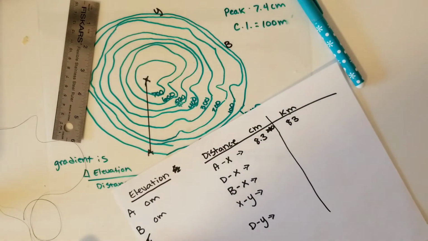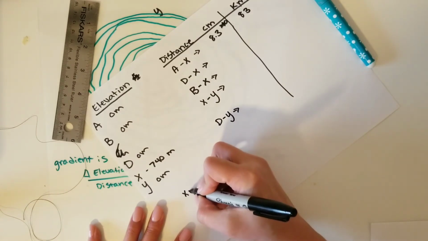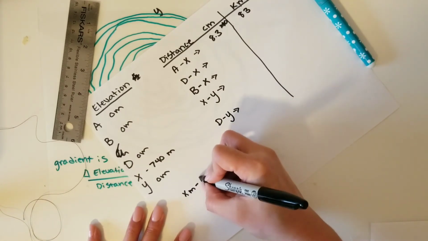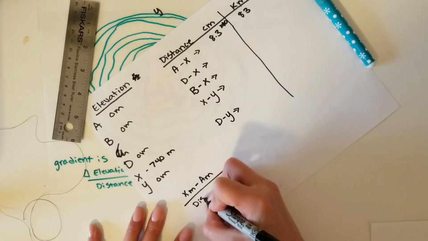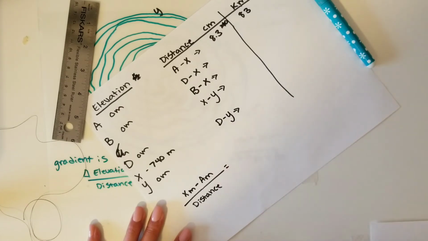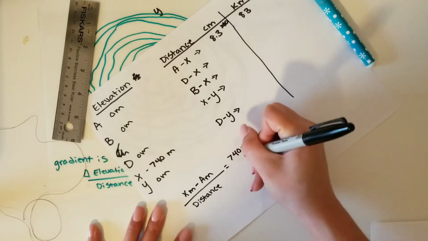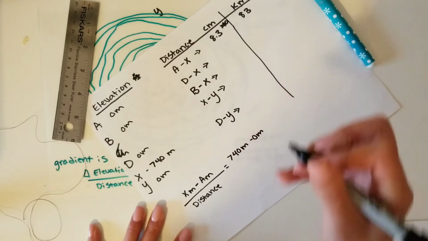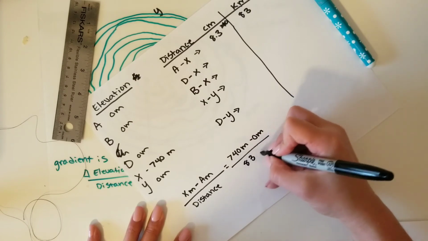Our second point is X, so it's going to be X meters minus A meters, all divided by the distance. So that's going to be 740 meters minus 0 meters, all over 83 kilometers.